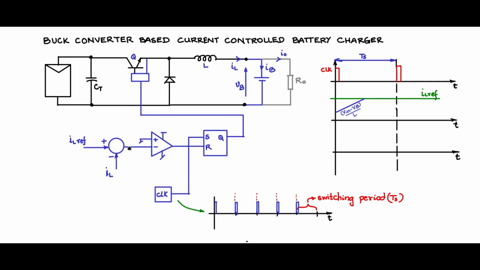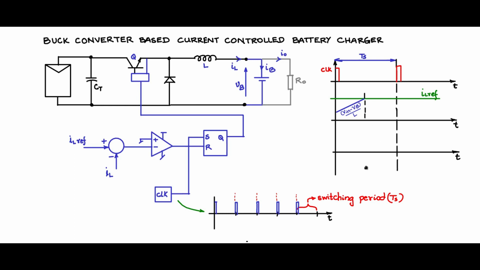So the output of the algebraic summer becomes negative, and this becomes positive. Reset becomes positive, and therefore Q will reset and go low. The moment Q goes low, there is no drive for this power semiconductor switch, it will switch off. And the inductor will start freewheeling and start falling. Current will start falling.